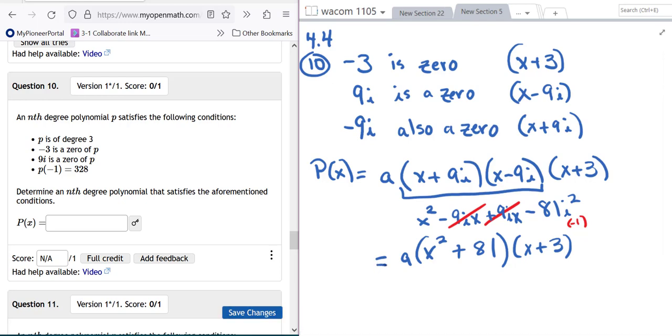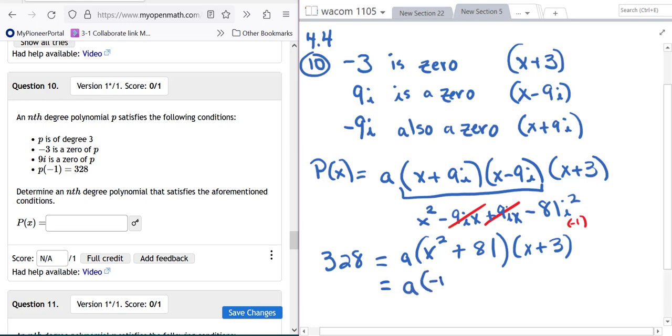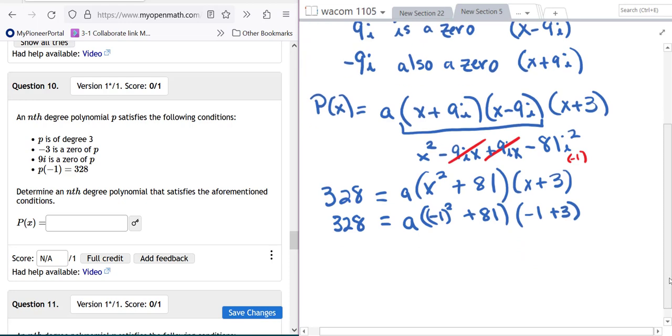And my third condition said p of negative 1 equals 328. So I'll set 328 equal to this, and I'm going to plug in negative 1 into the two x's and solve for a. So negative 1, but I'm going to square it, plus 81 times negative 1 plus 3. And negative 1 squared is 1.